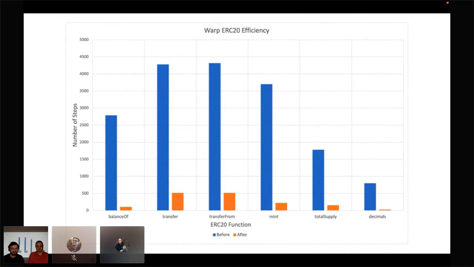The blue line is the old version of Warp, and the new one, the orange, is Warp 2.0, and it's orders of magnitude more efficient in every single way you can measure it.